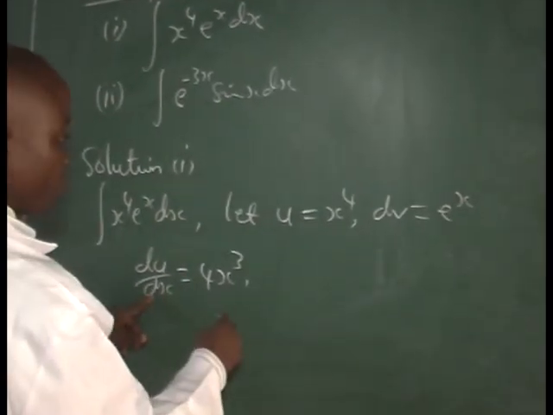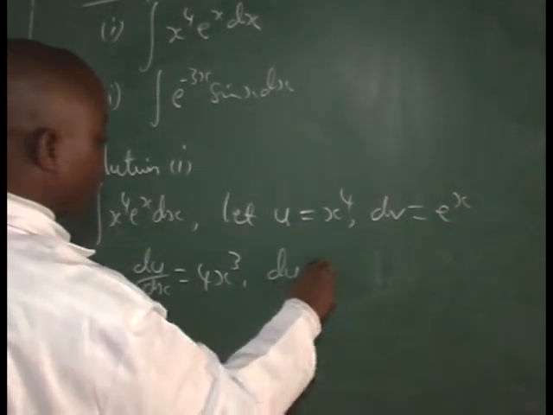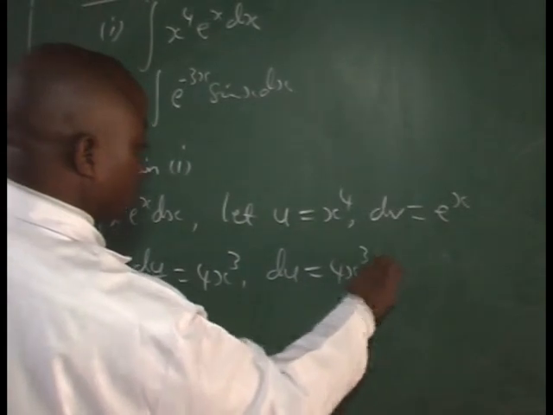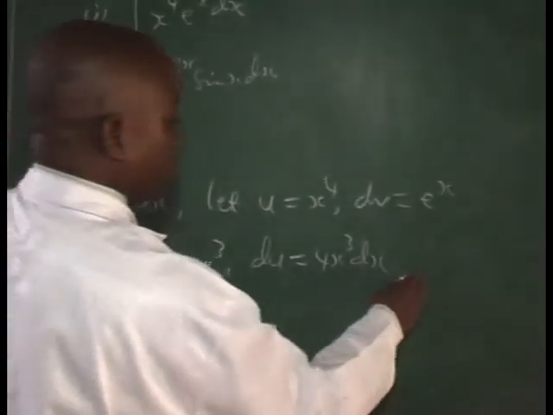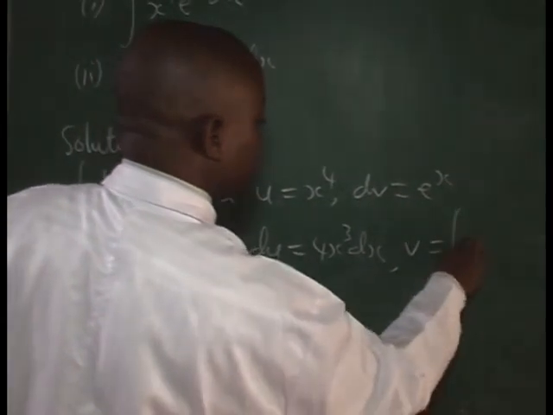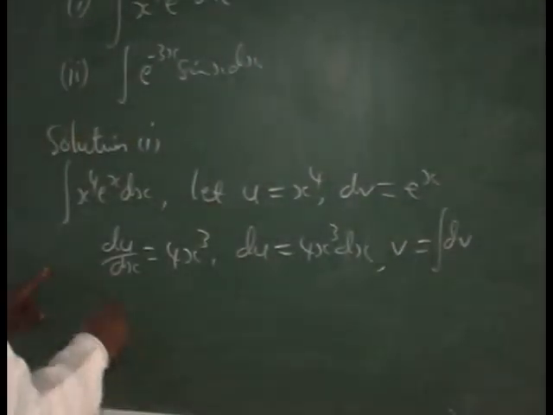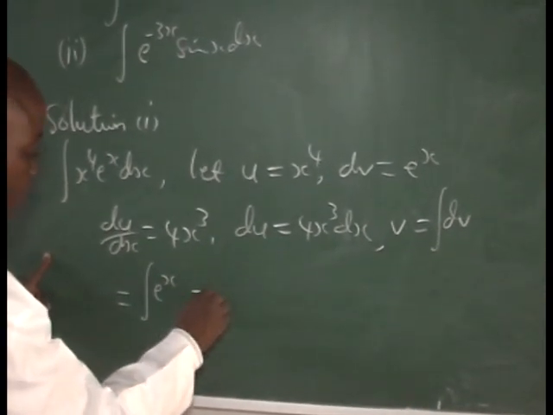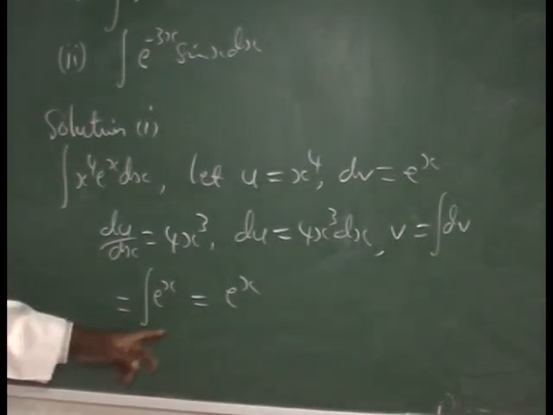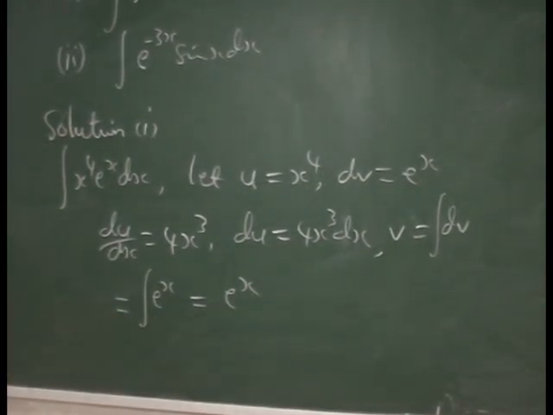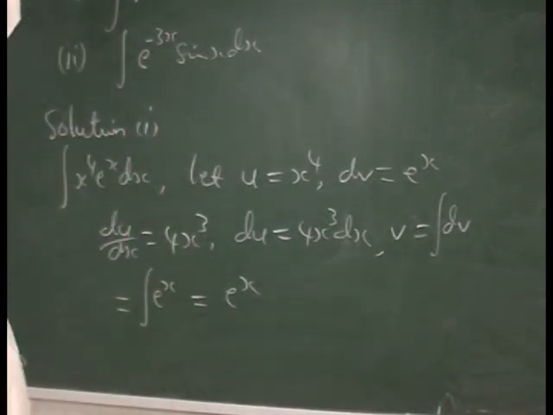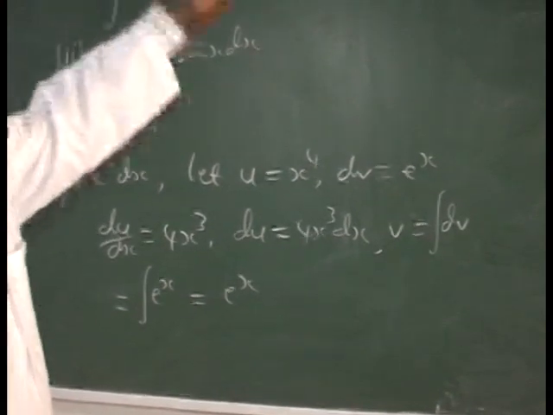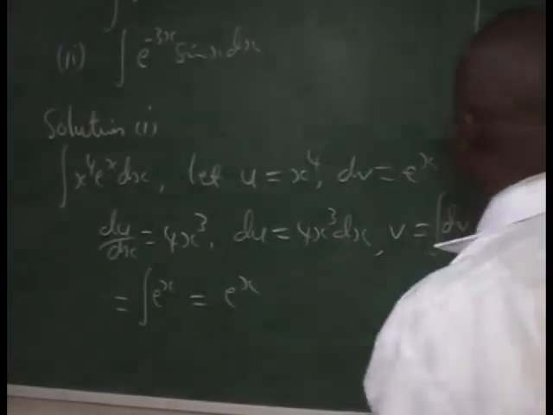And so it means that du, cross multiplying, will be equal to 4x cubed dx. Now, what about v? v is equal to the integral of dv. That is the same thing as the integral of exponential x, which is what? Exponential x. If you integrate exponential x, you have exponential x. So we are now able to get u, v, du and dv in the formula. So we can just substitute and start the integration.